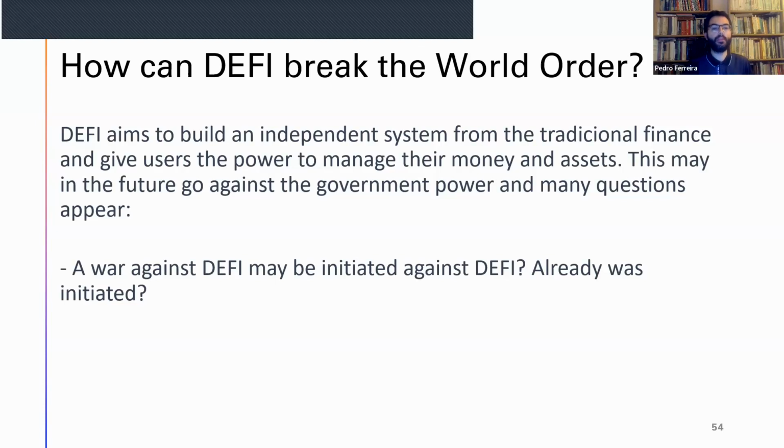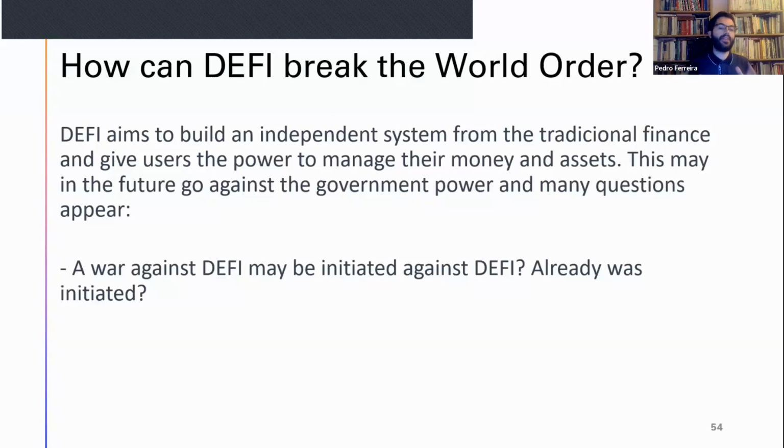That means that you'll probably in the future have the same problem that you have currently in today's traditional finance, but it will not be owned by the government, it will be owned by the people. And that raises other questions. How will the people manage that value?